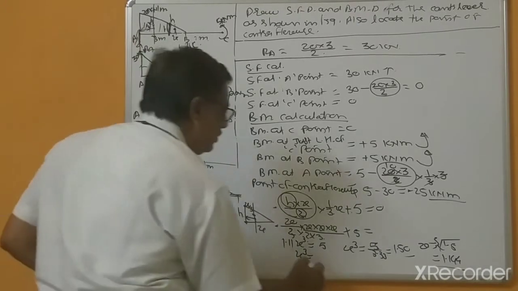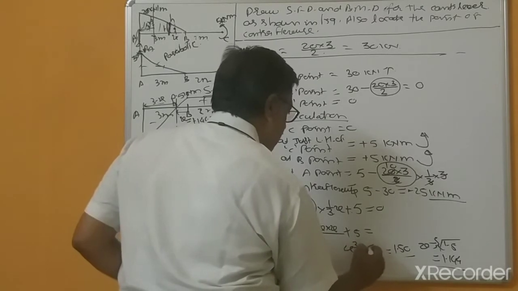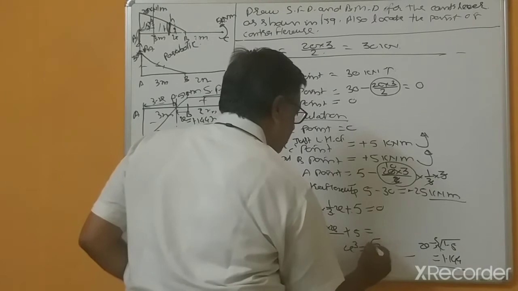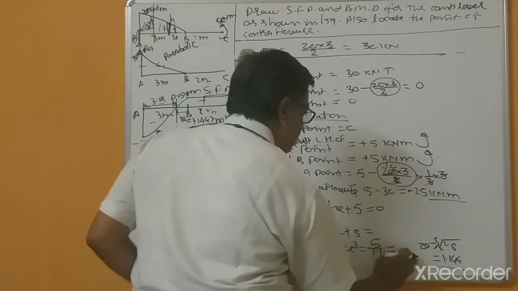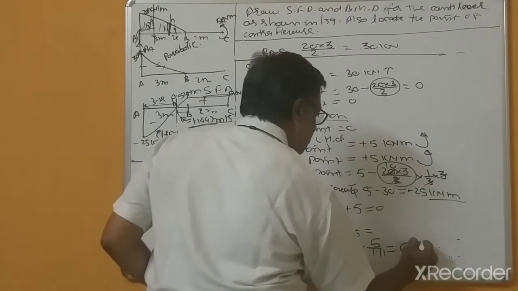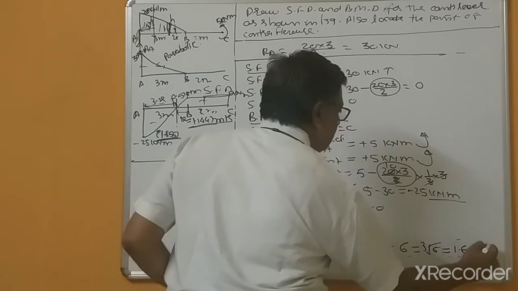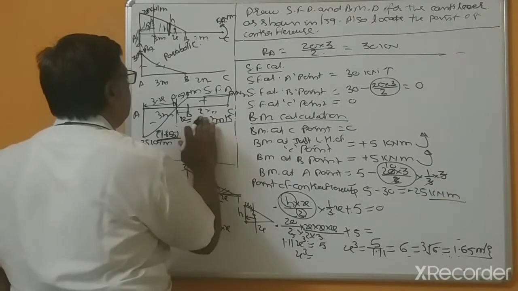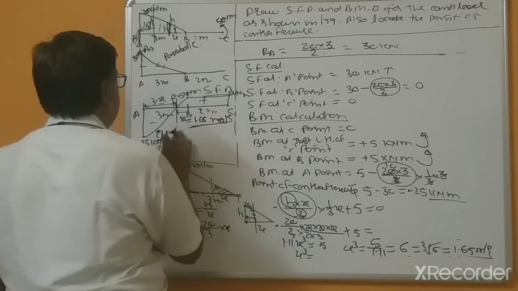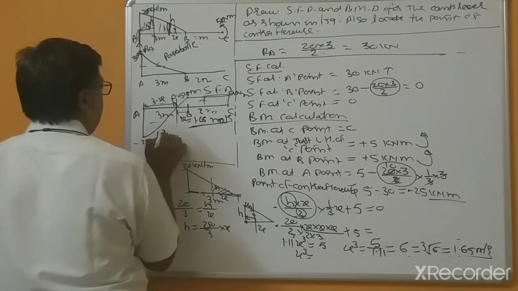This is equal to x: 5 divided by 1.11 is 6, and cube root of 6 equals 1.65 meter. So x equals 1.65 meter and the remaining is 1.35 meter.